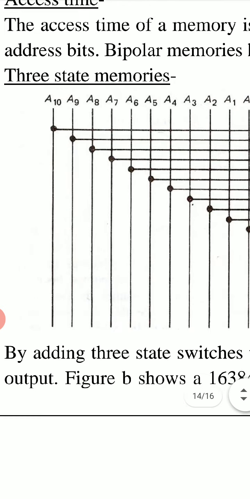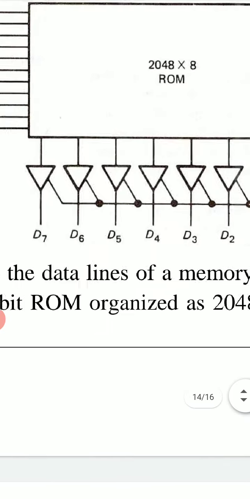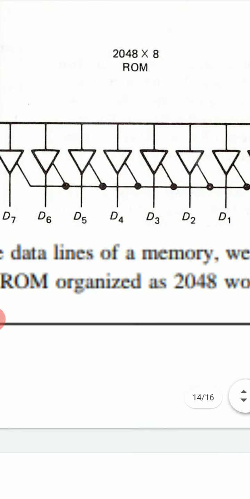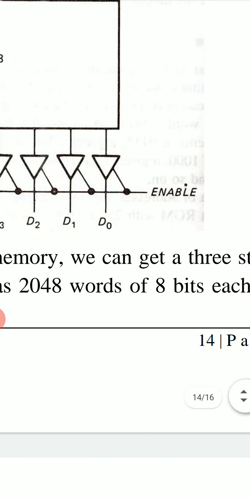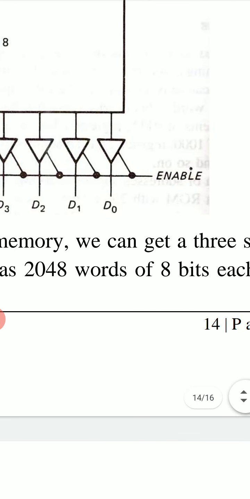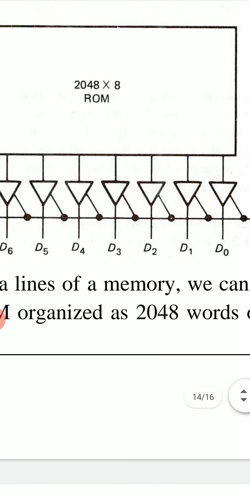So this is ROM, and we are using here these 3-state switches. When enable is high, it is 1, then this will show the word stored in this ROM.